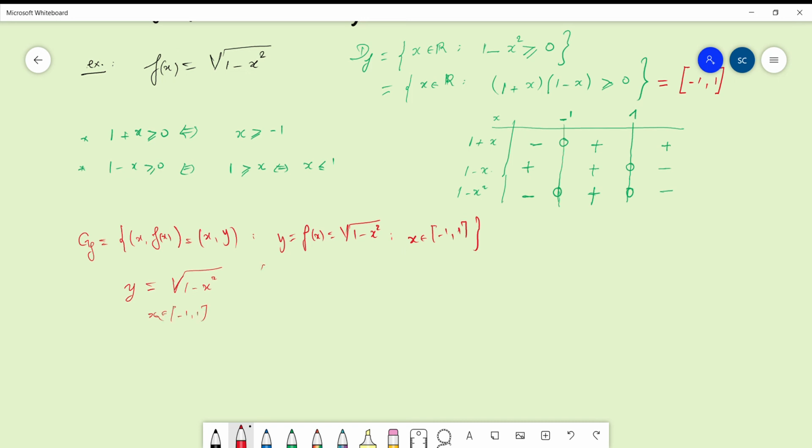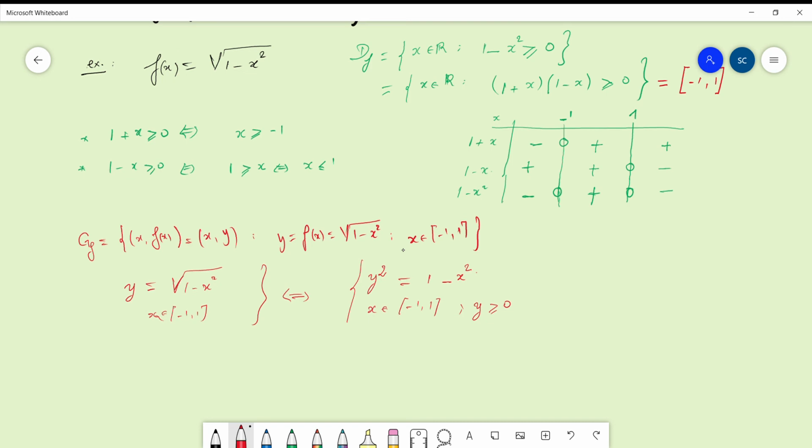I can say that this is equivalent to squaring both sides, so y squared equals 1 minus x2, but keeping the information that x is between minus 1 and 1, and that y is positive. Since y is positive, when I take the squares I need to keep this information, otherwise it is hidden by the square.